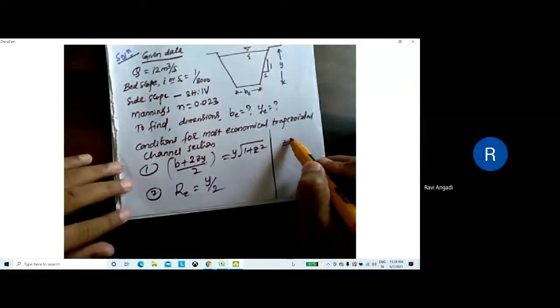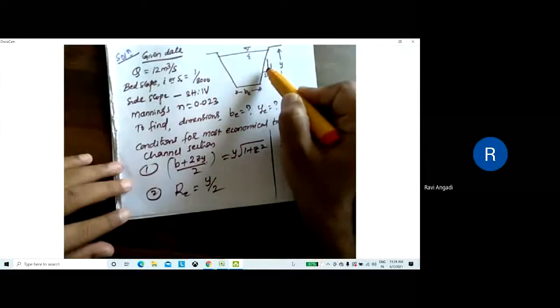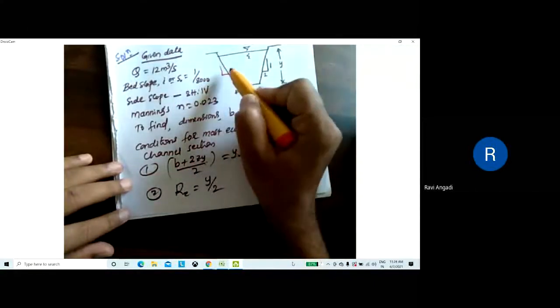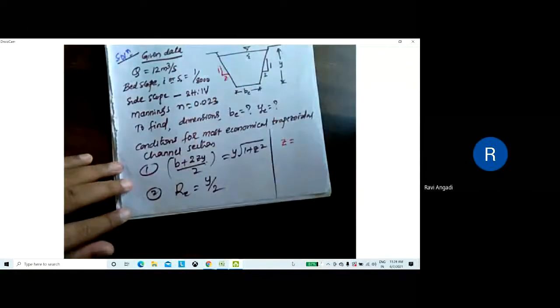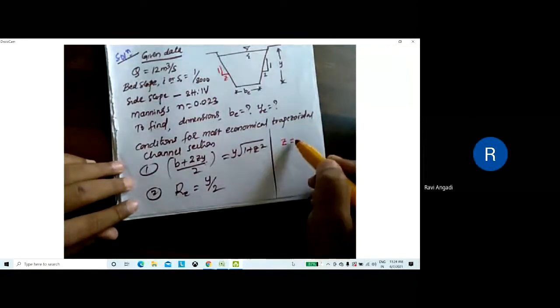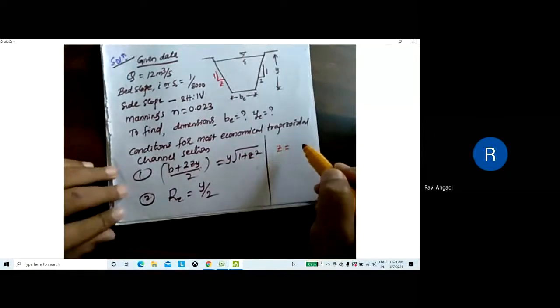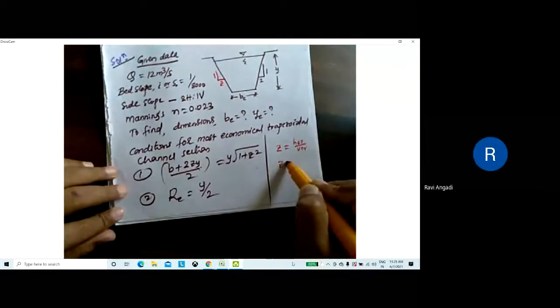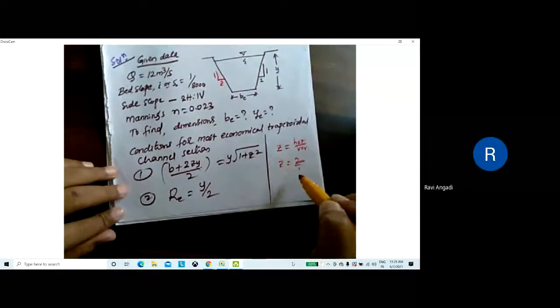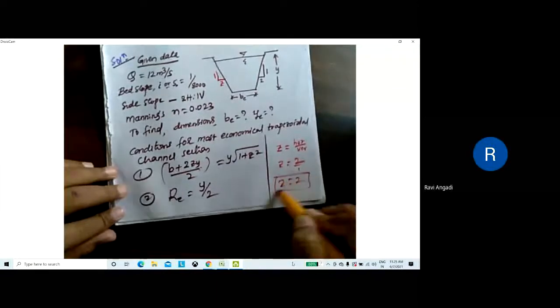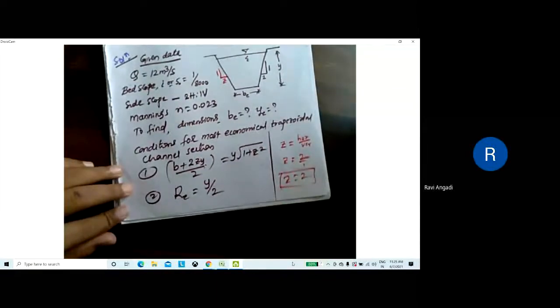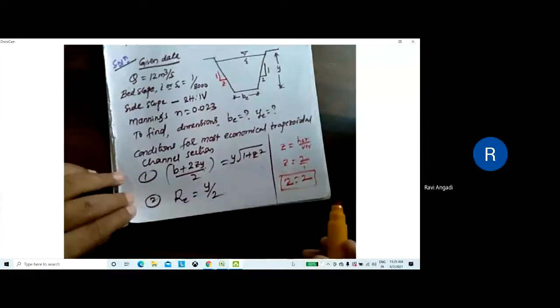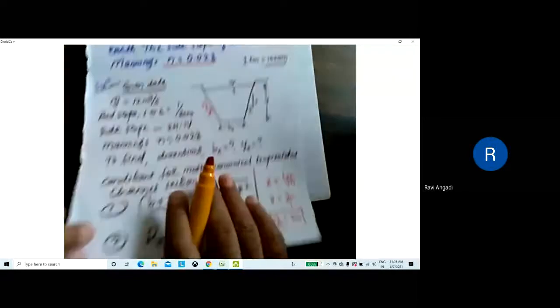Because see in this figure, usually in the derivation we have taken Z to 1 as the slope. Now what is the value of Z here? Always horizontal to vertical. Z is equal to horizontal, how much? 2 by 1. So Z equals 2. Understood all of you? Okay, the value of Z is 2. Now substitute here and simplify.